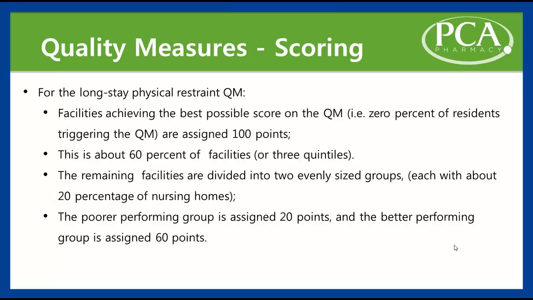Each of those have about 60%. The poor performing group is assigned 20 points, and the better performing group is assigned 60. So there's 20 points in the bottom group, 60 points in the next group up, each about 20%, and then the top 60% all get 100 points.